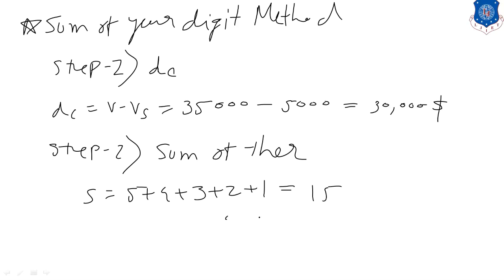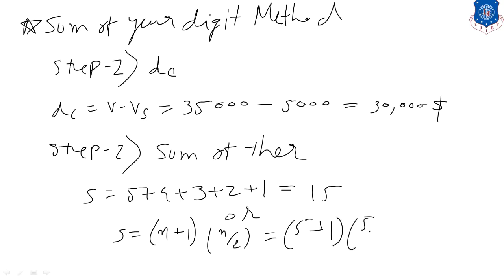Or we can easily find out using this equation: S is equal to n plus 1 into n by 2. So let's put the value of n, which is service life, which is 5, plus 1 multiplied by 5 by 2. So this becomes 6, 6 by 2 makes 3, 3 multiplied by 5 makes 15.